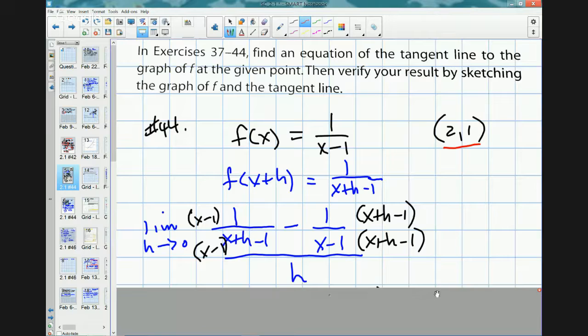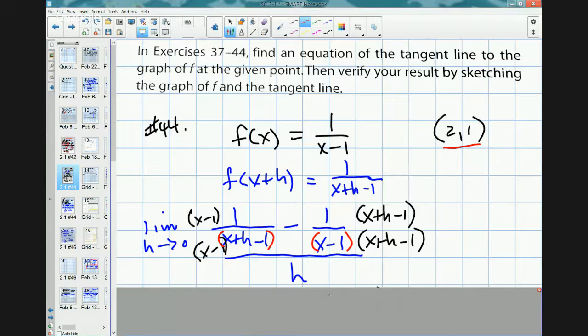The only bad news is now we have what? We have a fraction, and a fraction as part of a bigger fraction, a complex fraction. So we do have to horse around with common denominators. In order to get these two fractions on the top to have the same denominator, I have to determine the lowest common denominator. Well, I need one of these, and I need one of these.